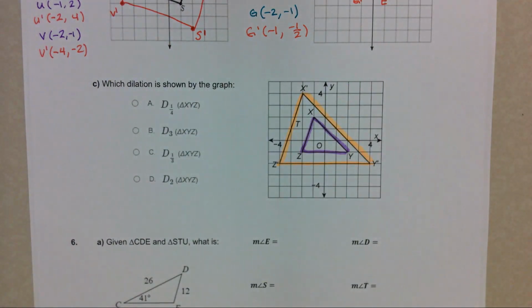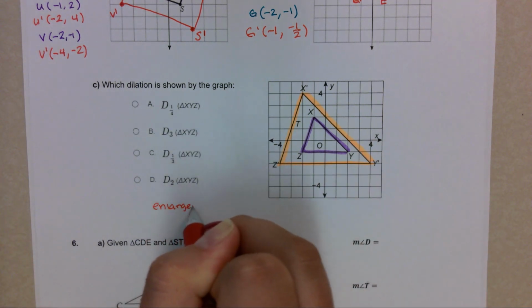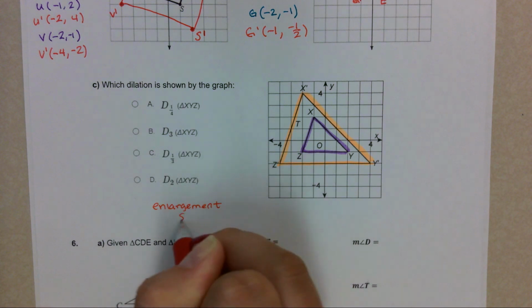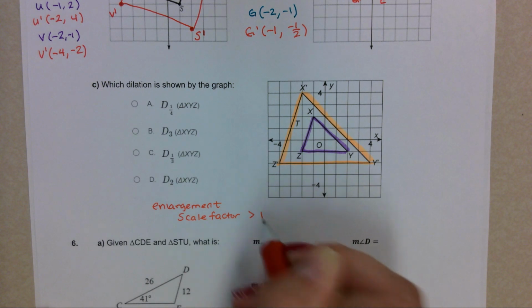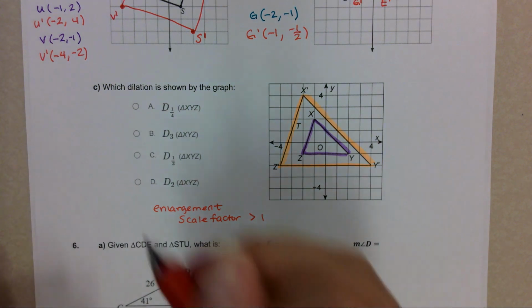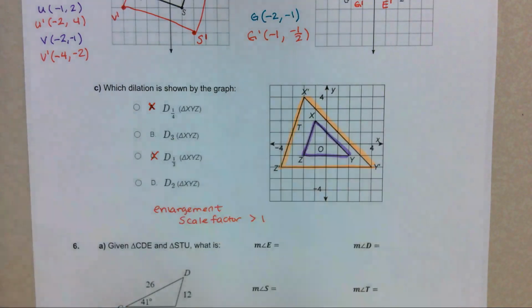So clearly this is an enlargement because my triangle gets larger. So we know that means our scale factor has to be larger than 1. So that gets rid of D or C and A. And now the question is, is it larger by a scale factor of 2 or 3?